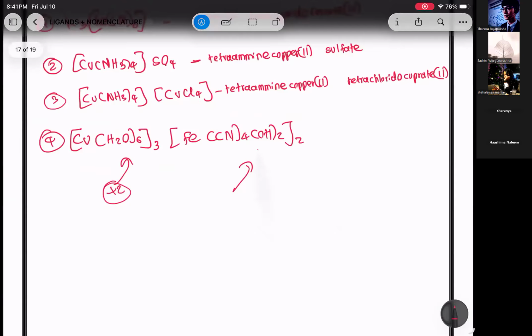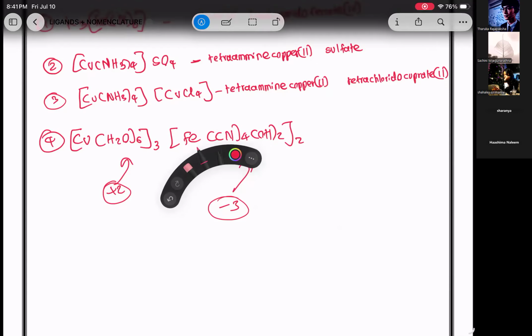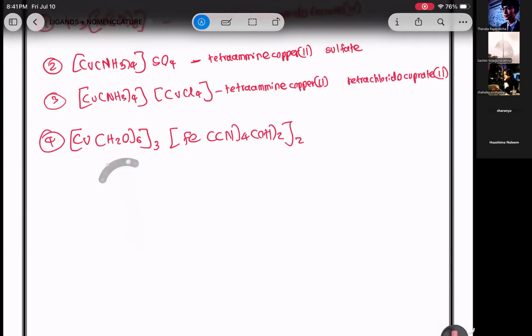Overall charge of this one would be how much? -4 and -6, so it's -3. So you overlap the charges to get the valencies 3 and 2. Write the name for this. Yes, one small mistake and the whole thing is wrong.